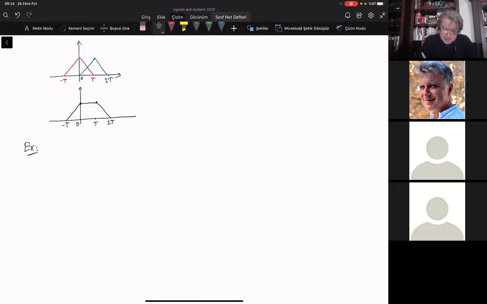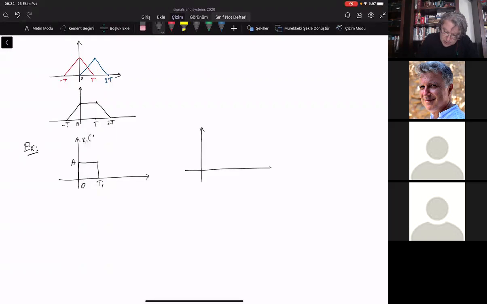Another example is you may have a rectangle like this from 0 to capital T1, and the other is x1 of t.